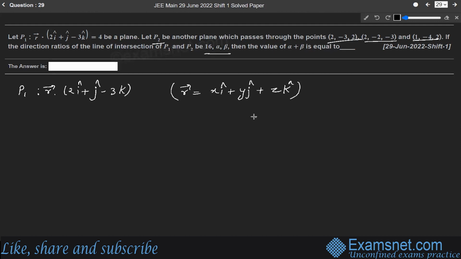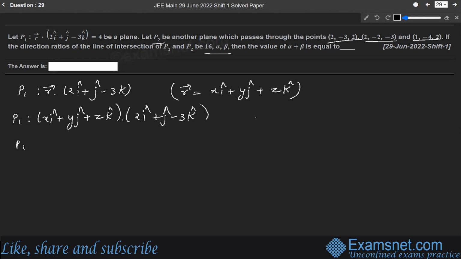This is the basic equation for r vector. So substituting here, P1 will be x i cap plus y j cap plus z k cap dot product 2i plus j minus 3k cap, all right?